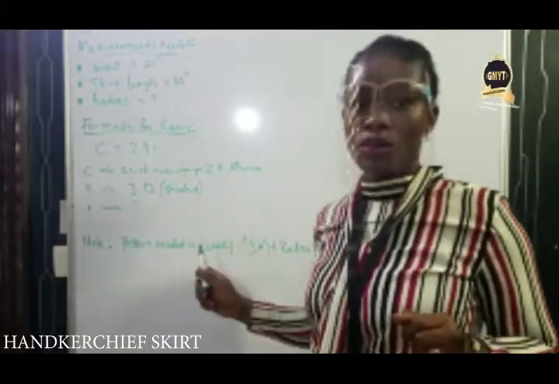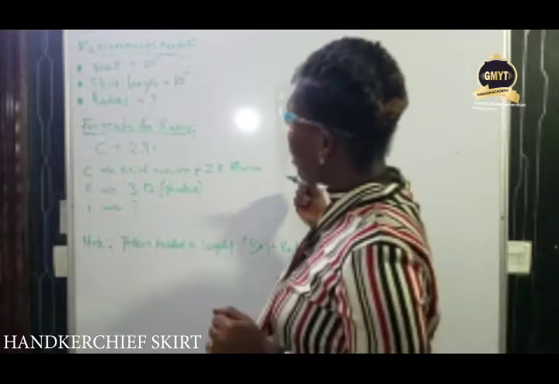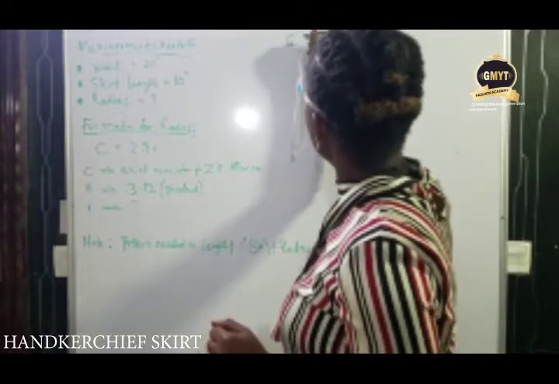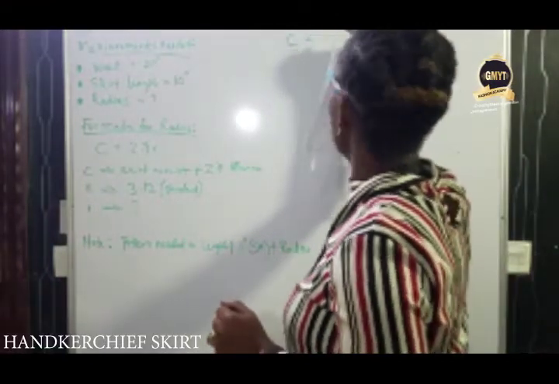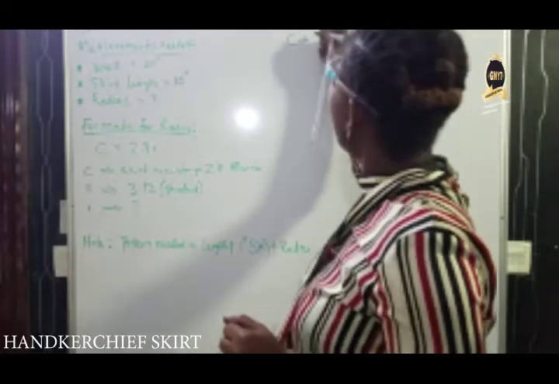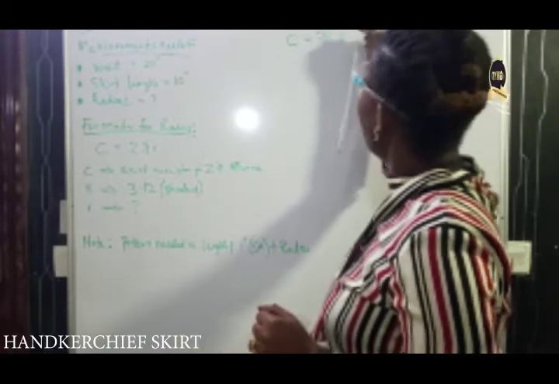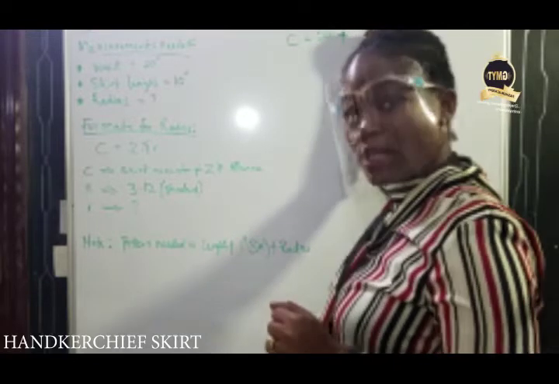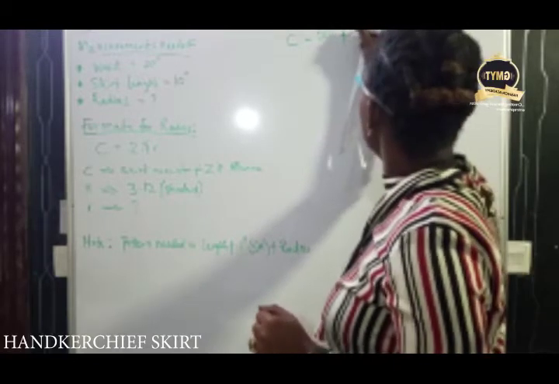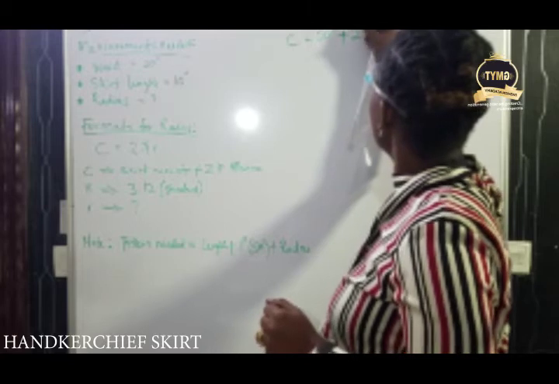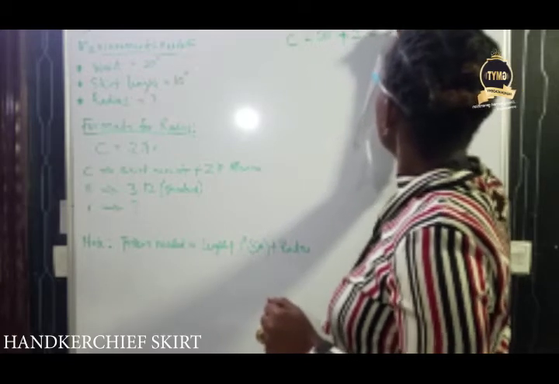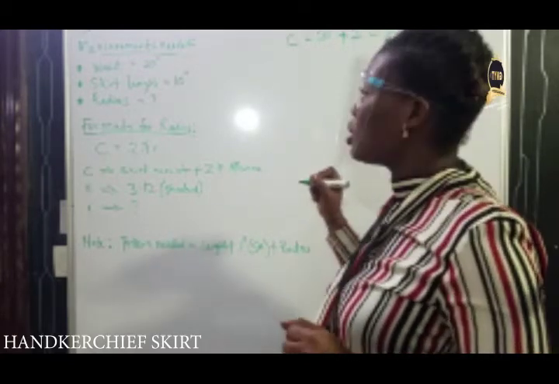So let's go to the calculation. When I say my C equals, my C is 20 inches plus zip allowance. My zip allowance is 2 inches, which gives me 22 inches.